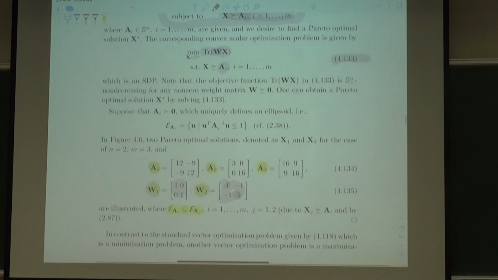Okay, what is the minimum point we can find for W1 and W2? We just solve this problem. To solve it, you can use the directional derivative criteria, which was introduced earlier in this chapter.